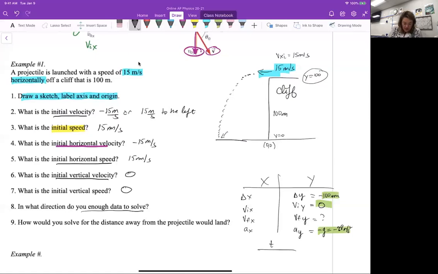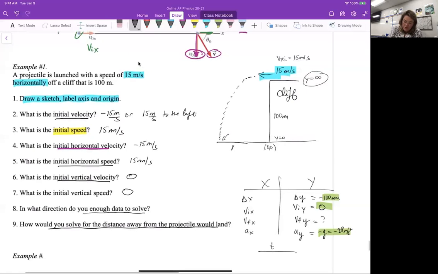All right, how would you solve for the distance away the projectile would land? How would we solve for the distance away from where it started? And which direction does that mean? That means in the x direction. Well, if I have three things over here in the y, I can find t, and then I can come over here, and what is the only equation that's going to work for me in the x direction? Vx times time.